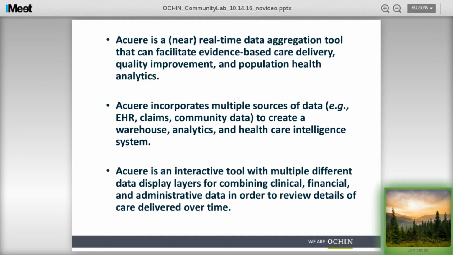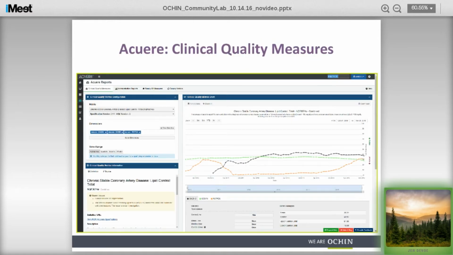So this is a near real-time data aggregation that's facilitating evidence-based care, quality improvement, population health analytics, and incorporating multiple sources of data. So it's not the traditional claims data, as I mentioned. It's clinical data from the electronic health record. It's claims data, community data, creating a warehouse analytics and a healthcare intelligence system, and then providing interactive tools that have different display layers so that you can combine these data sources and look at your clinical data and your financial data and your administrative data in order to review the details of the care that's being delivered over time.